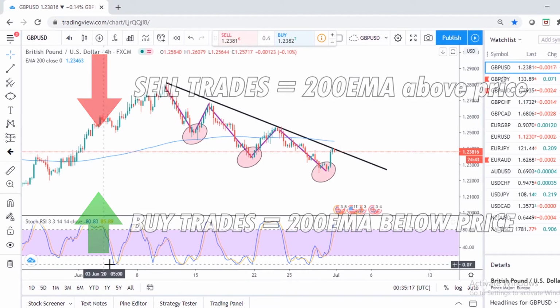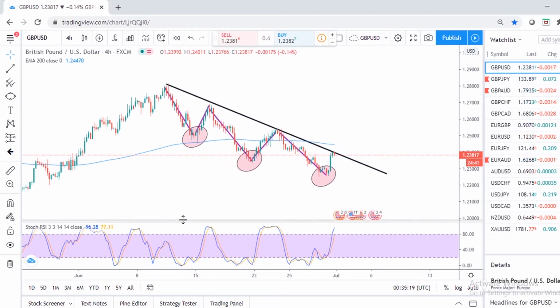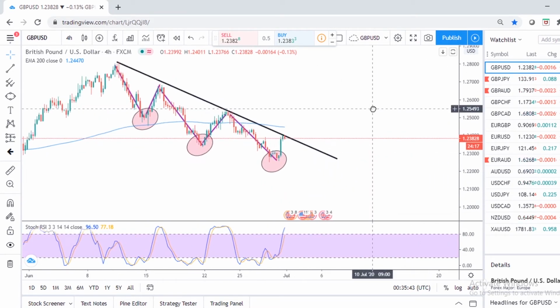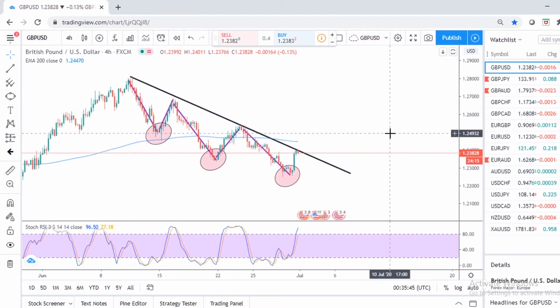Lastly, ang tinitingnan ko din is yung stochastic RSI ko is close to being overbought or already overbought. Ibig sabihin nun, medyo marami na tayong nag-buy, so most likely babagsak na yung price. Right? This setup is most likely a trade that I will take.